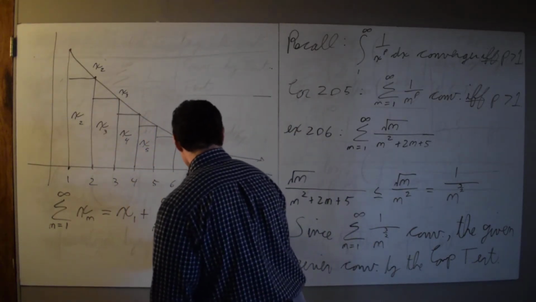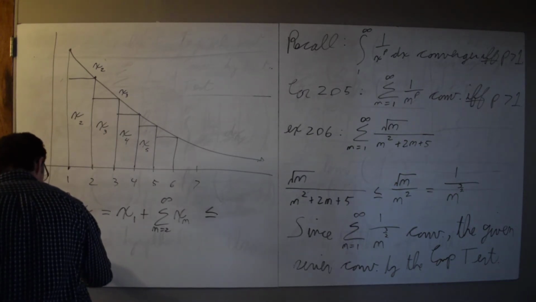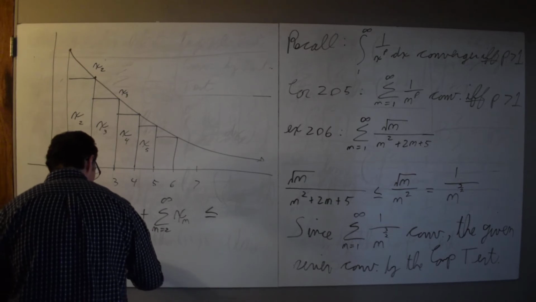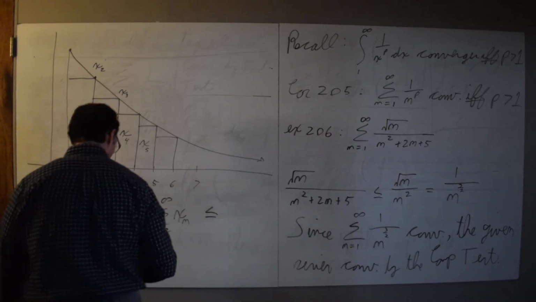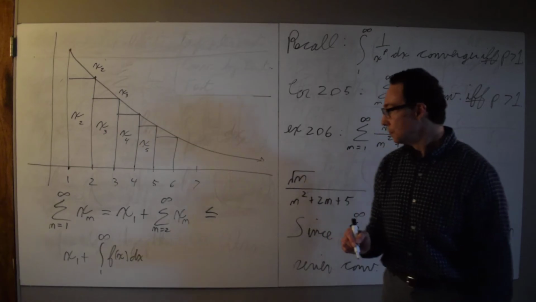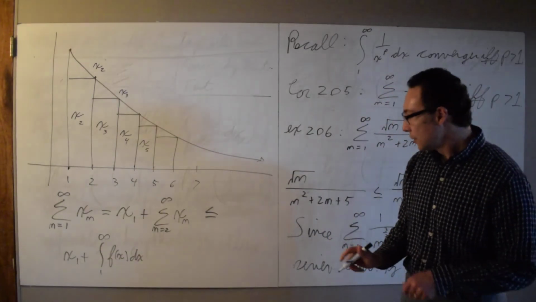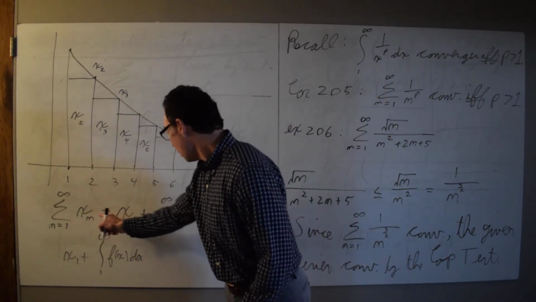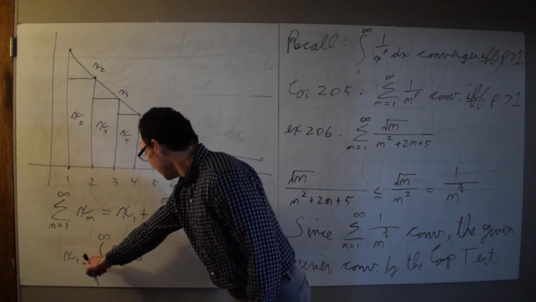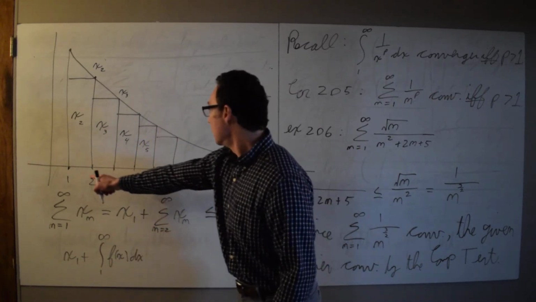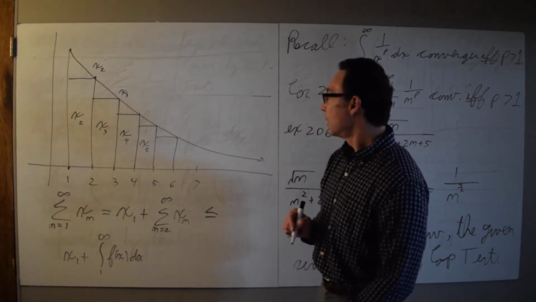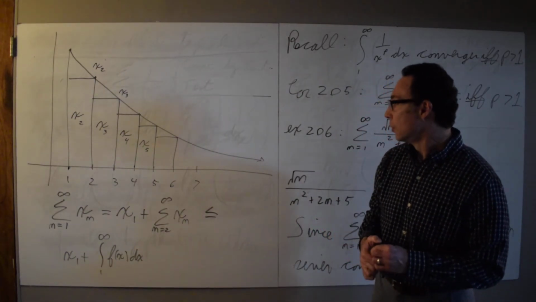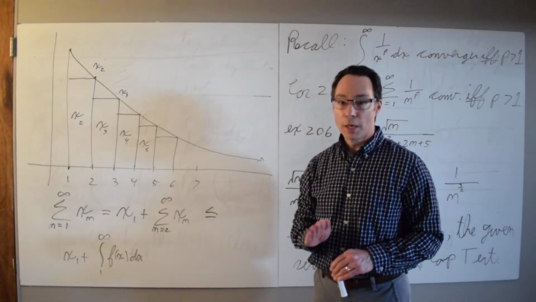But this is less than or equal to x sub 1 plus the integral from 1 to infinity of f of x dx. And so if this integral converges, then the series also converges because it is dominated by x sub 1 plus the integral from 1 to infinity of f of x. So if your integral converges, your series converges.